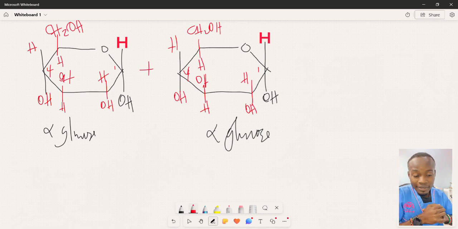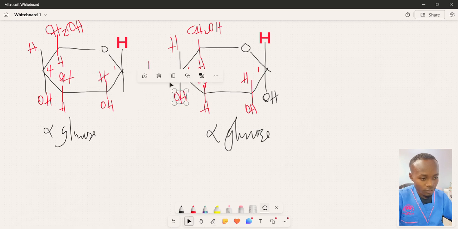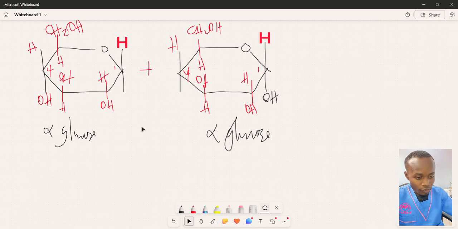When you combine these two, they are going to lose a molecule of water, H2O, and that will be dehydration. So that is going to affect these two, this one here, and it's going to affect this one as well. So whatever we are going to have here is going to be this one, with a release of water.